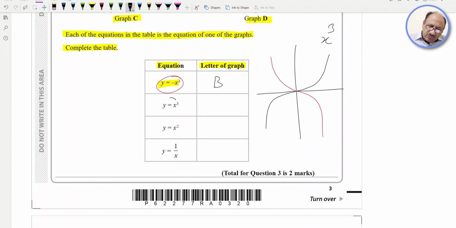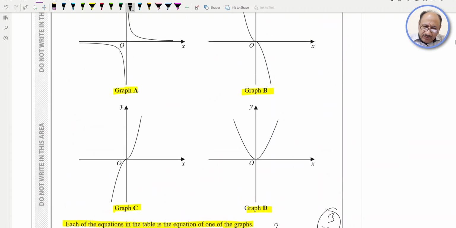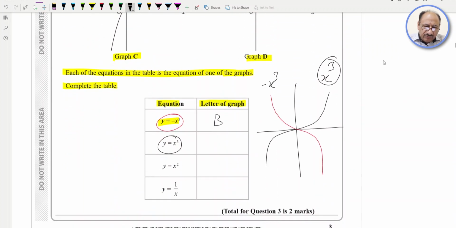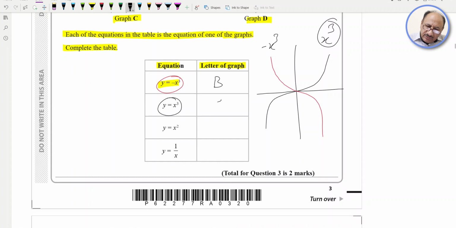And this one is a cubic graph, which is this black graph which we have drawn earlier. This is plus x cube, so it will be graph C, so we will write here letter C. And this is a quadratic graph. A quadratic graph is basically a U-shaped graph opening upward if it is plus x square.